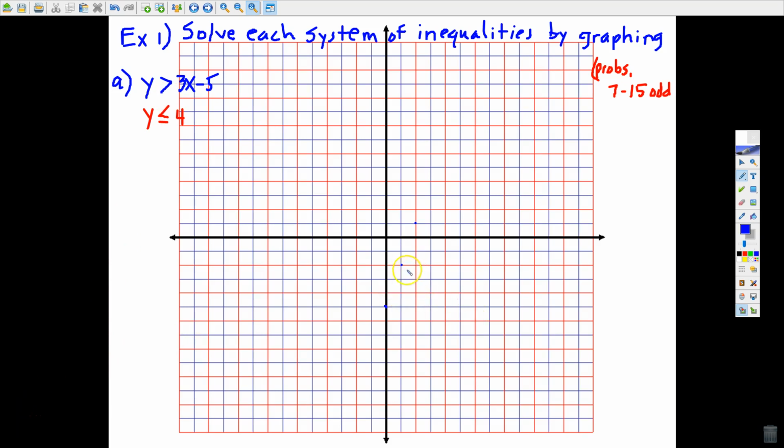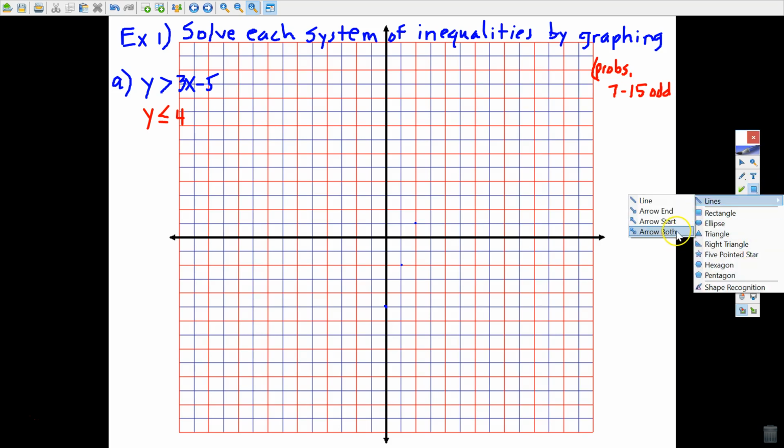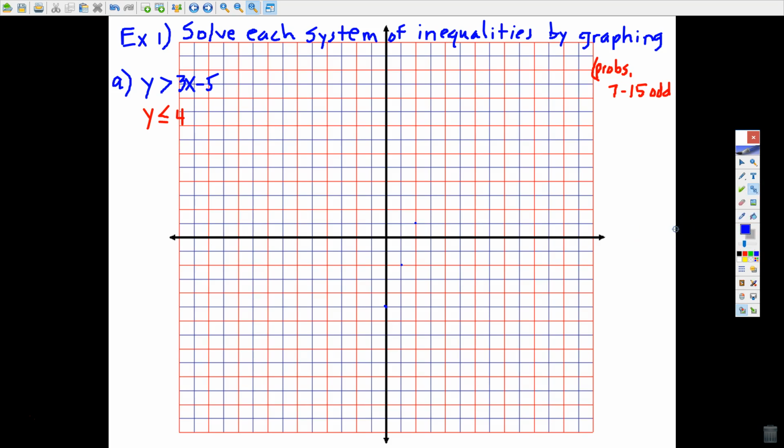Okay, so we've got the y-intercept, we've got the slope, a couple of points. This is going to be a dashed boundary line. So I'll change my line draw tool here. So the boundary line would look like this.